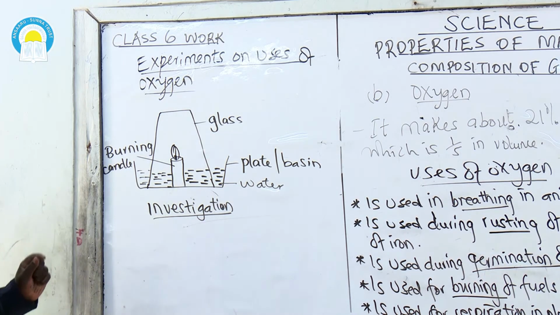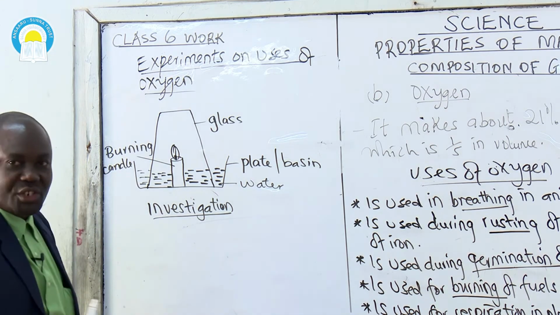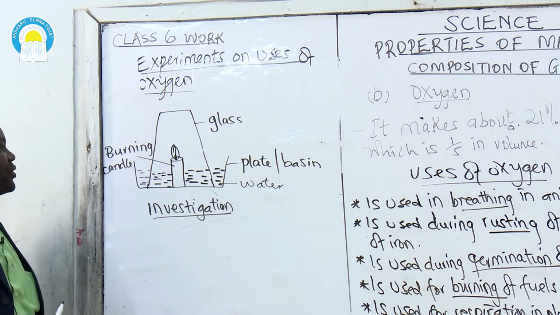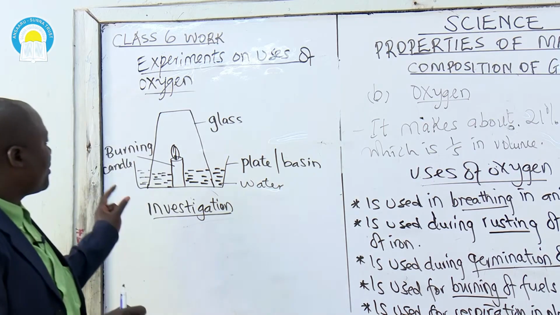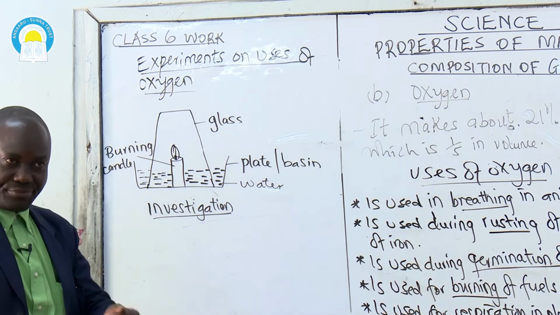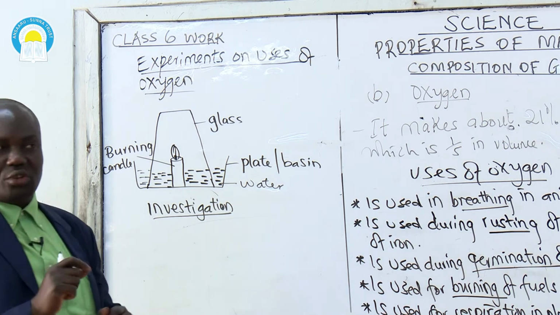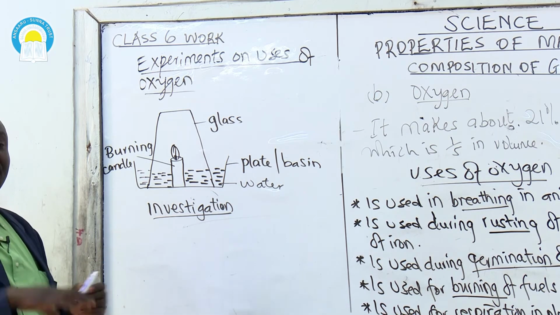Question 1 is about investigation, also known as demonstration, also known as finding out. Number 2 is observation: when the experiment is going on, what are you seeing? Number 3 is conclusion: what did you think about what you have seen in the experiment? So be aware of that.